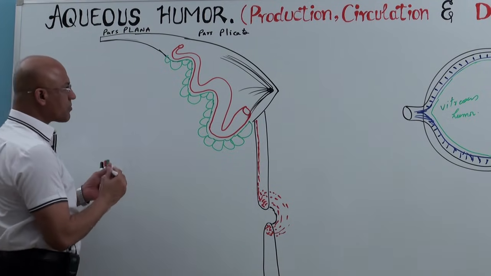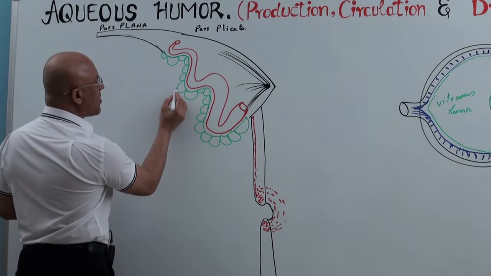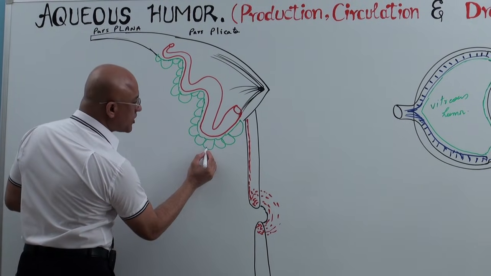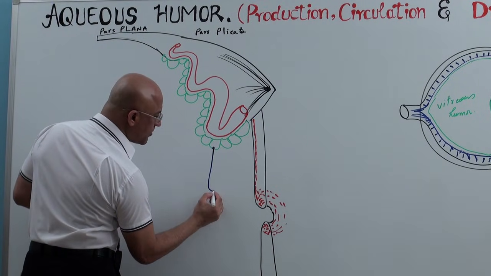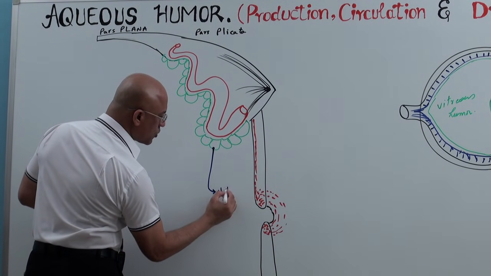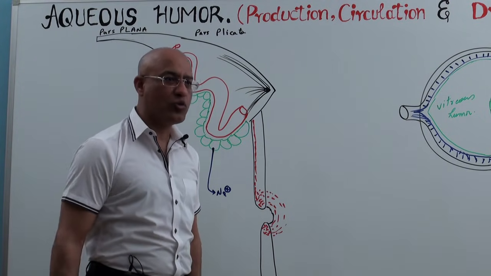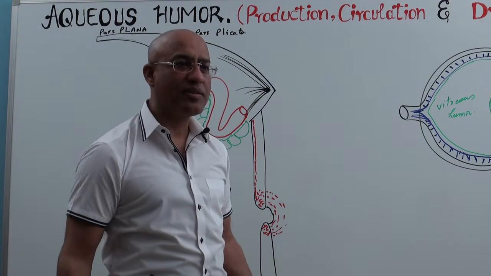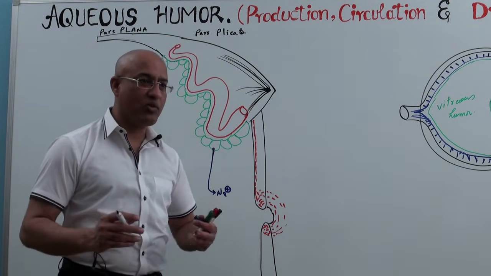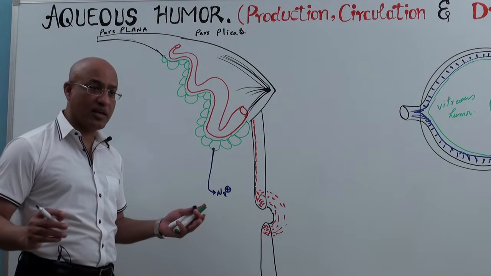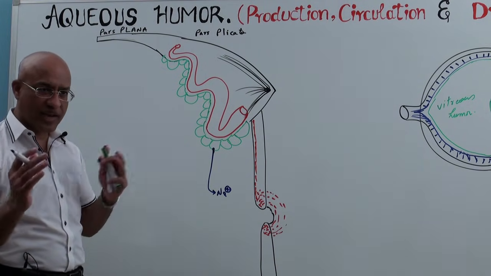Number one, these cells actively secrete sodium. What do they secrete? Sodium ions, right? These are positively charged. And who follows the positive? Negative. Is that right? The way boys follow the girls, opposite polarity.